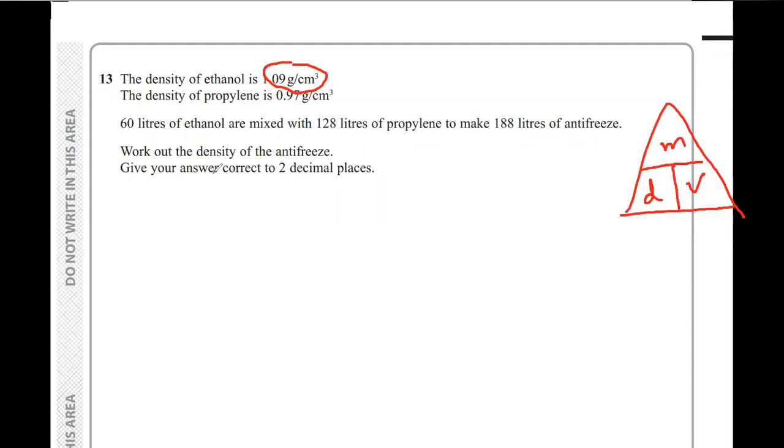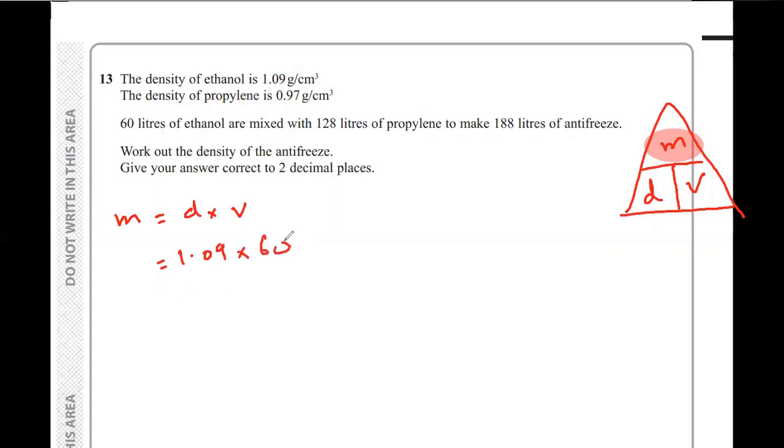At the moment we need to work out the mass of both of these things, ethanol and propylene. So how can we work out mass? We need to cover mass. So mass must be equal to density times volume. What's the density of ethanol? 1.09 times the volume, 60.